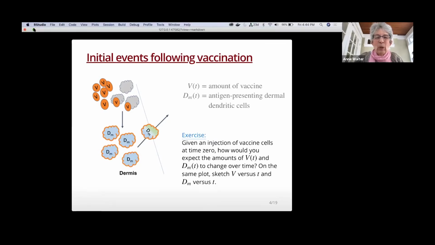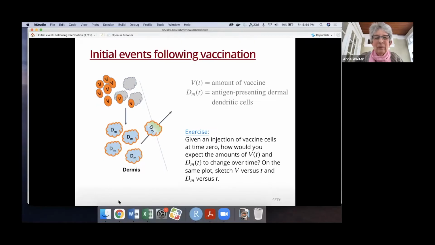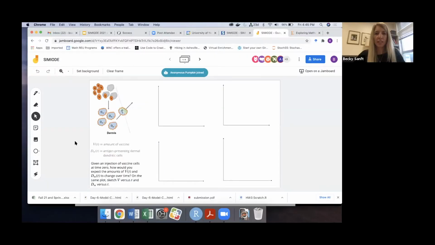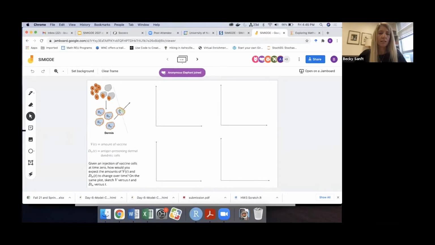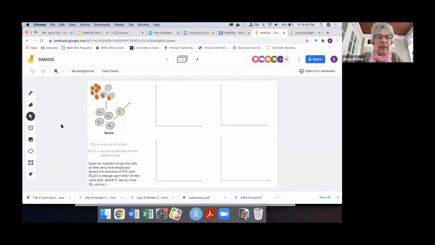Is everyone able to open the Jamboard? Yes. And I'll show it here too. We can see it. Okay, we're not seeing a lot of activity.